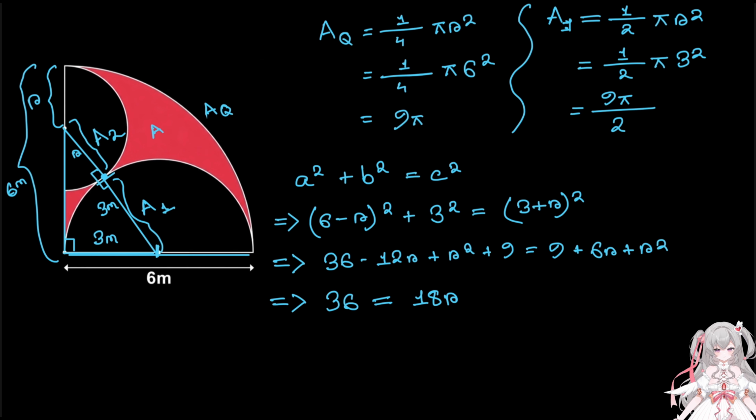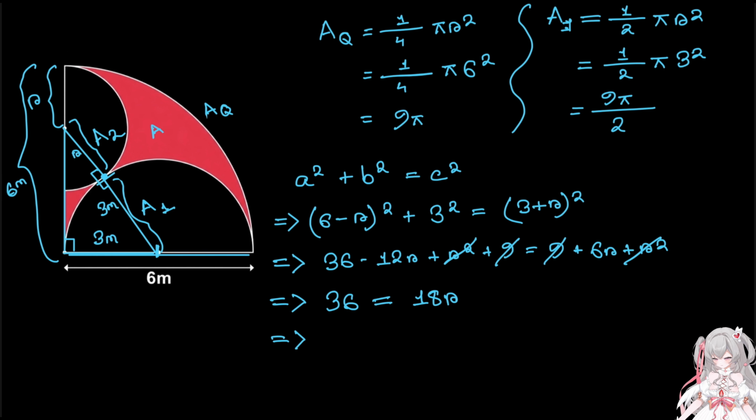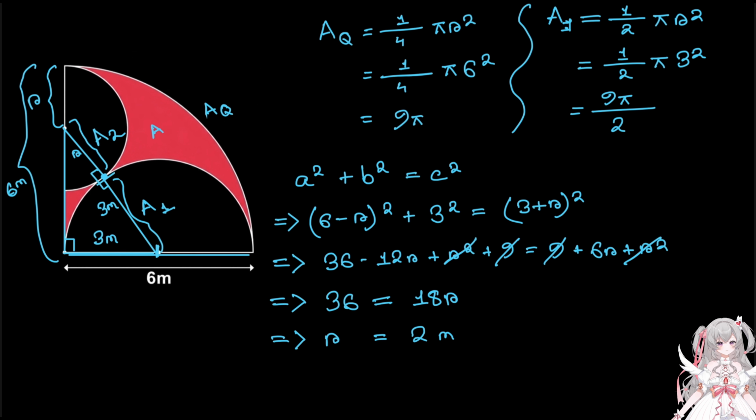For example, if we cancel out this 9 and r squared, we're essentially left with 36 minus 12r on the left side and 6r on the right side. Then we can carry the value to here and simply get this value 18r. Simplifying it even further gives us r equal to 2 meters, which is basically the radius of this semicircle.